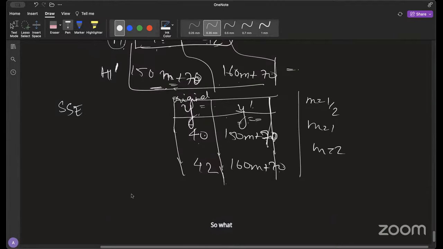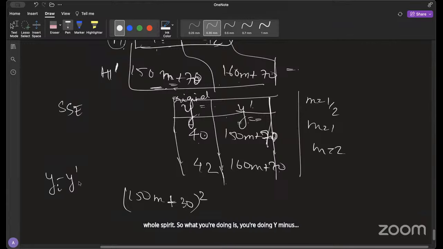So what you do is, first you just find a general equation, which will be this, 150 plus 150m plus 30 whole square. So what you're doing is, you're doing Y minus Y dash. Similarly, you'll do this thing.